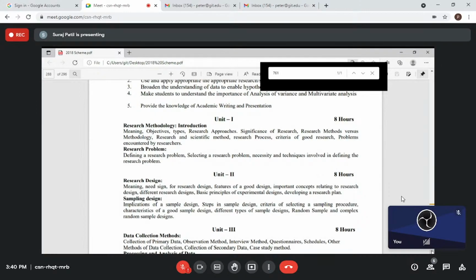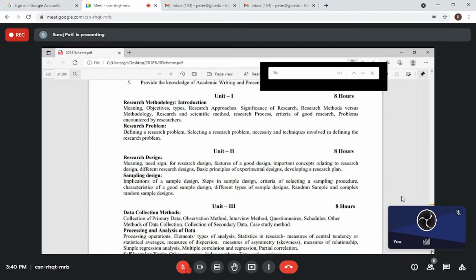Thus, the second chapter will be dealing with research design, which includes understanding the concepts of research design, developing a research plan, basic principles of experimental design, and also sampling design, wherein the data collection and the data analysis will be taken up. Any organization will sustain with a huge amount of data because the history of the data will help in predicting the results in future.